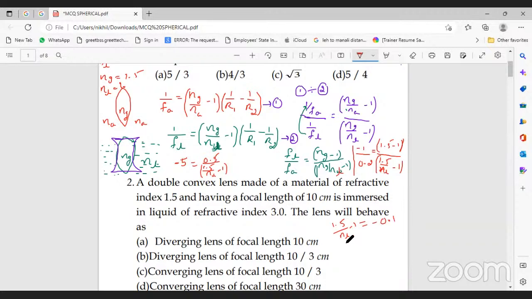If I shift minus 1 to that side, it becomes one minus 0.1 by nothing, 1. So 1.5 by NL equals 0.9, right? Yes, sir. What is NL from this?